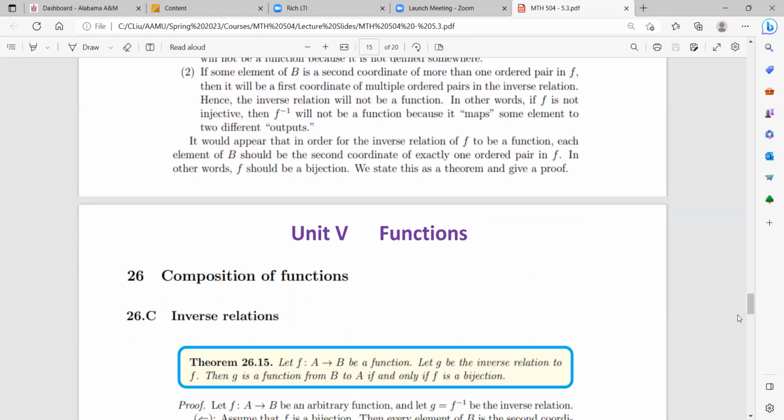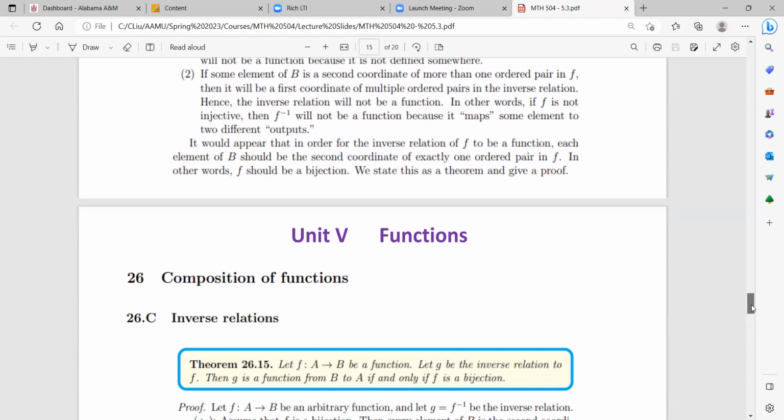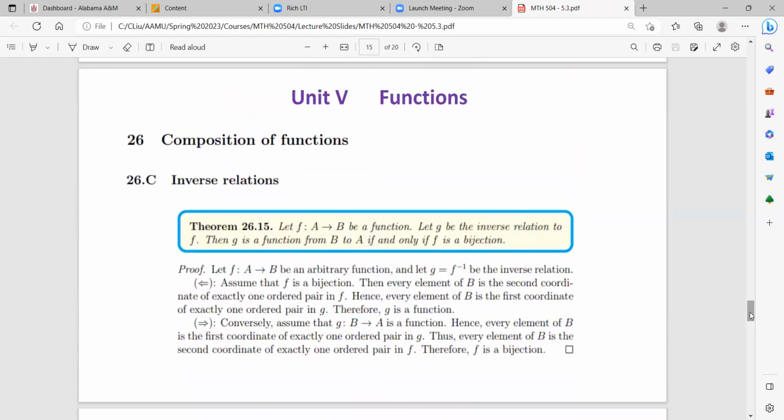If you understand functions in terms of ordered pairs again. So this is the theorem. It says: let f be a function from A to B and let G be the inverse relation of f. Then G is a function from B to A if and only if f is a bijection.